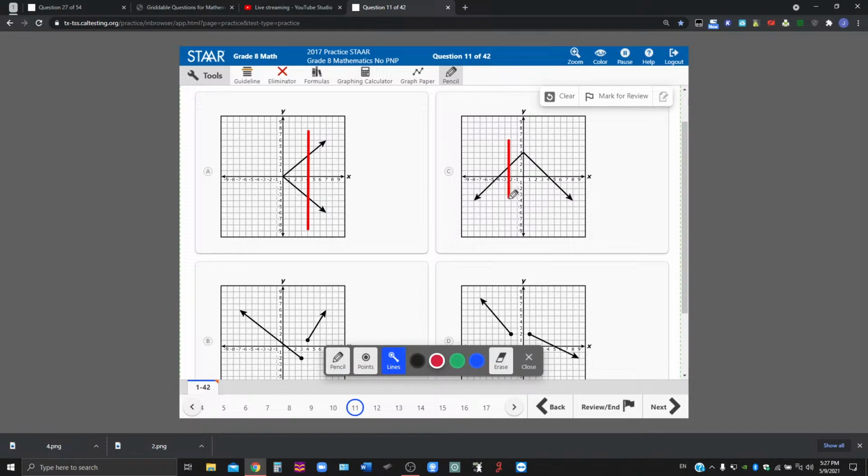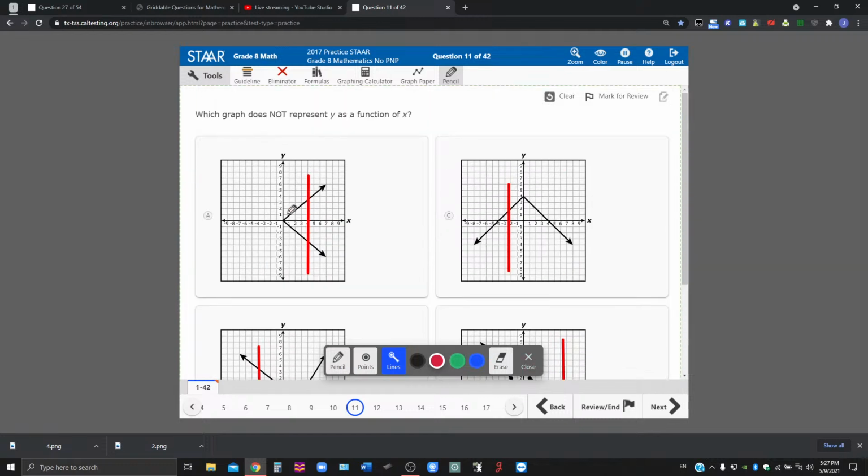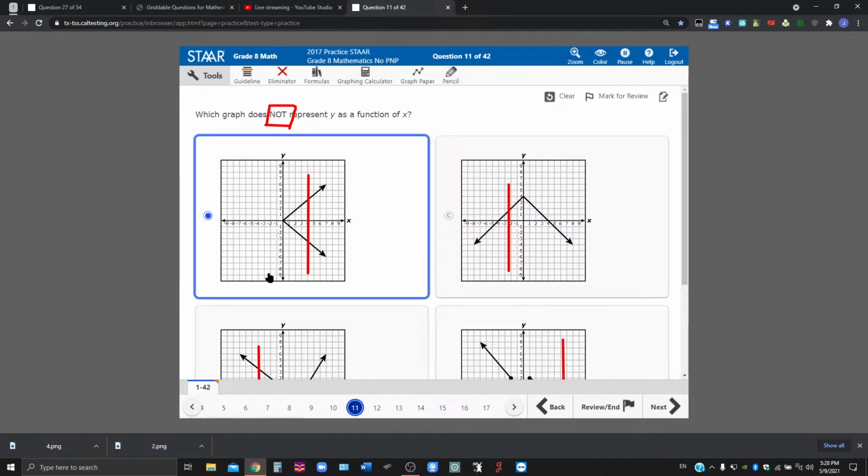Draw a line, and you can see which one passes the vertical line test. That should be A, because it crosses the graph twice, so it does not pass the vertical line test. You can use the pencil as a highlighter if you want. So therefore this answer is A.